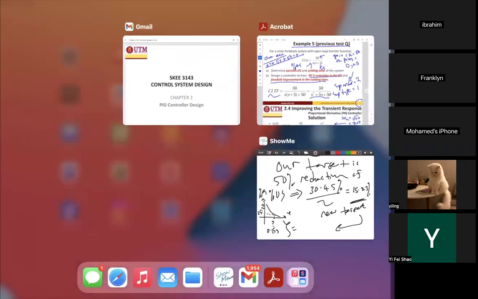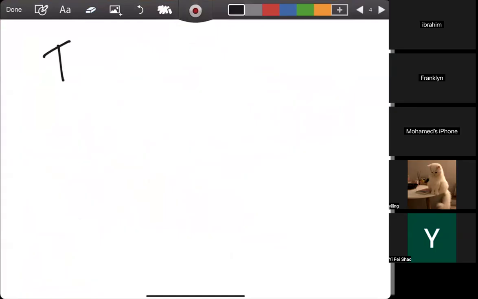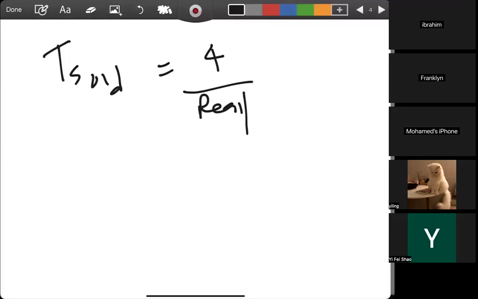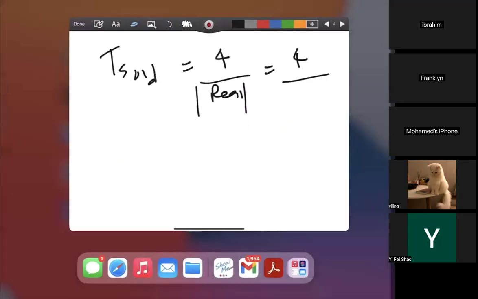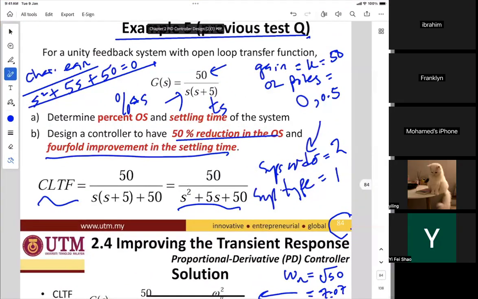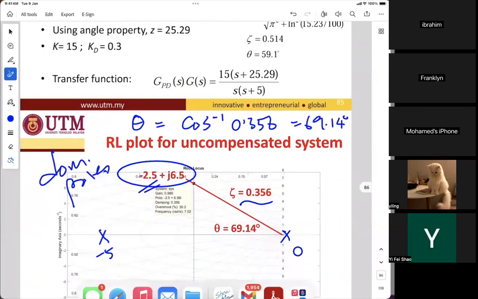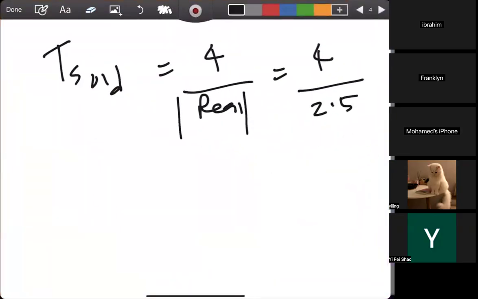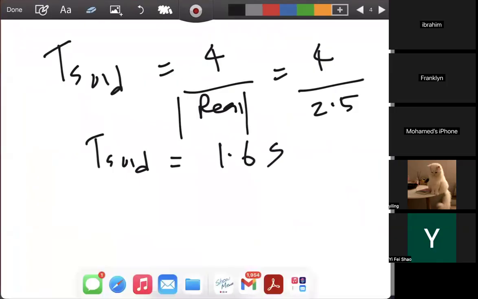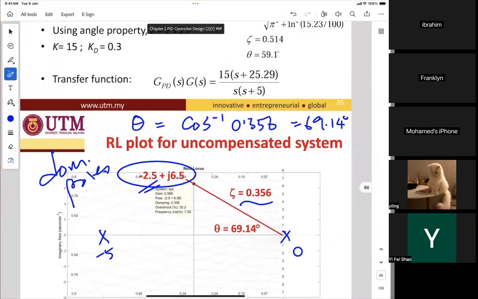So what is the old settling time? 4 divided by the real part of the dominant pole, which is 2.5. Aina, 4 divided by 2.5? 1.6 second. Okay, 1.6 second.